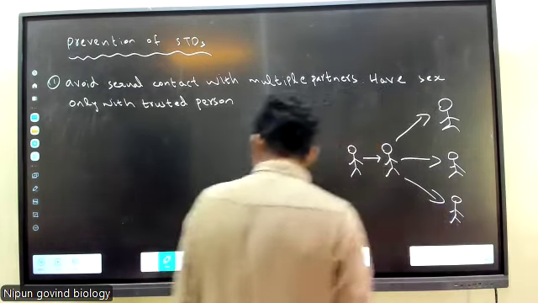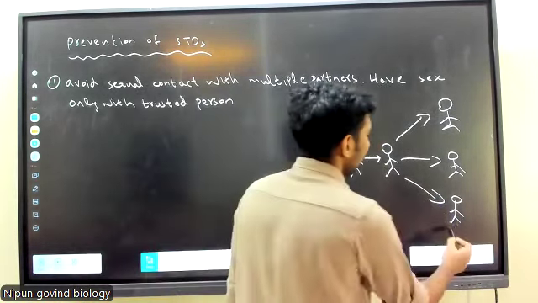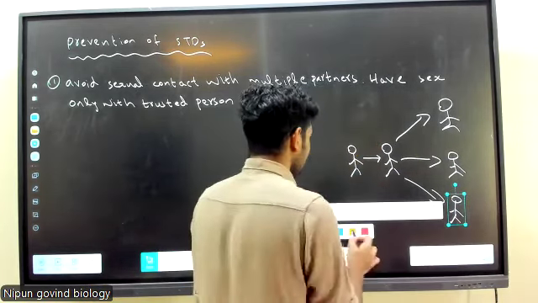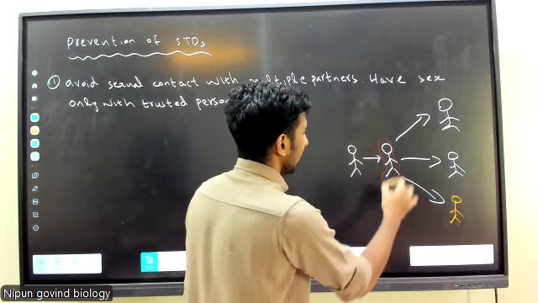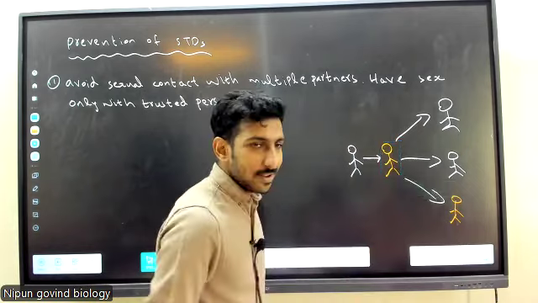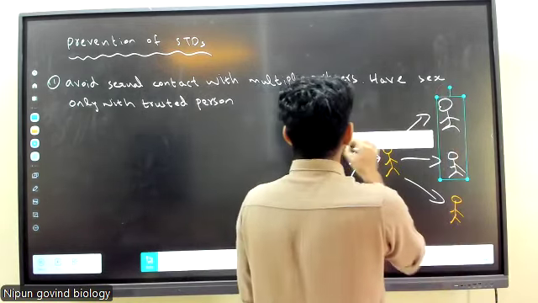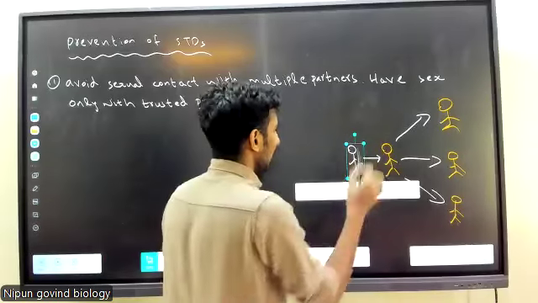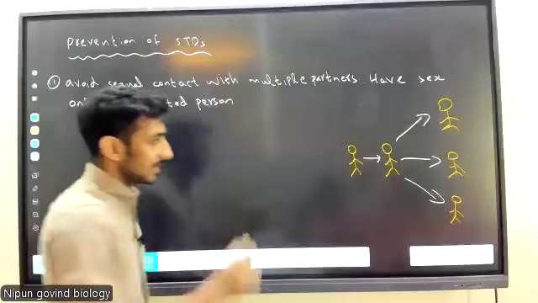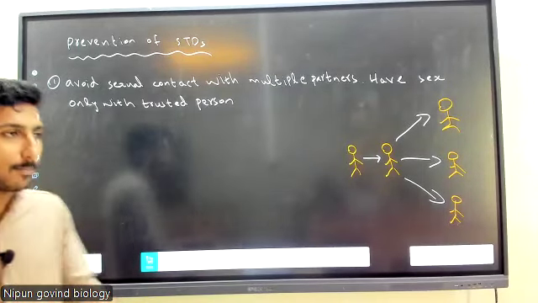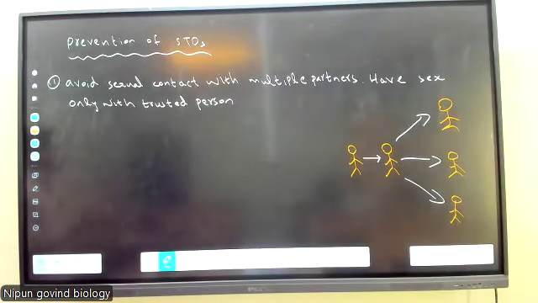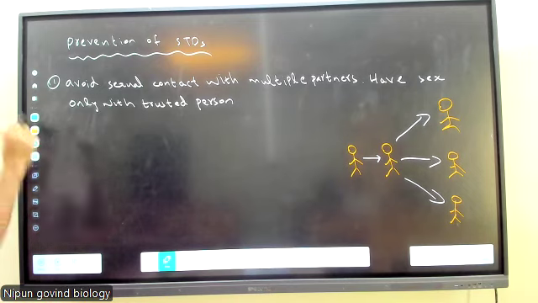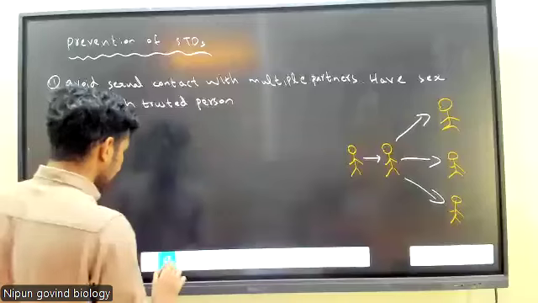If one of them has AIDS, from him she will get AIDS. From her, these 2 people will get AIDS, and he also will get AIDS. Understood? So only have sex with a trusted person. Avoid sexual contact with multiple partners.